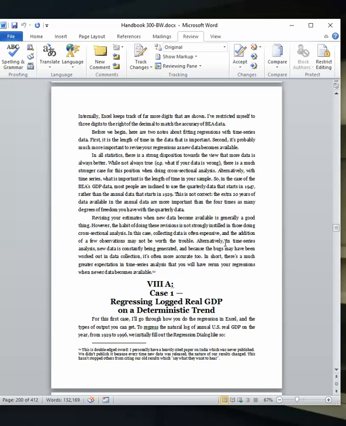So anyways, where we are in the time series is we started out with case 1, which is the plain vanilla case that lots of people do with time series analysis, where they just regress the data on some sequence of integers like dates, or in our case, years.